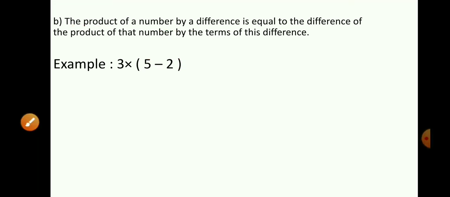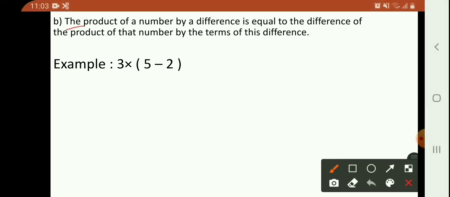The last property, the product of a number by a difference is equal to the difference of the product of that number by the terms of this difference.